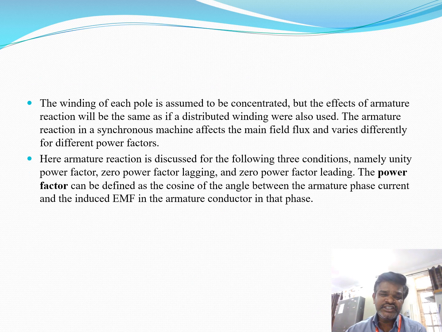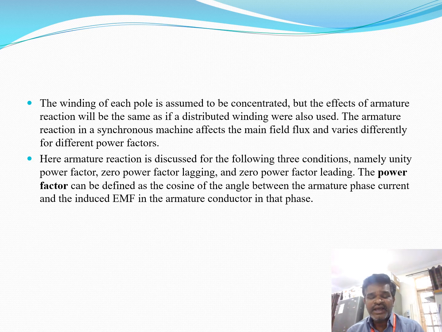The winding of each pole is assumed to be concentrated winding, but the effects of armature reaction will be the same if distributed winding is also used. Means the armature reaction effects change depending on the power factor only, not on the type of winding we are using. Either concentrated winding or distributed winding can be used.